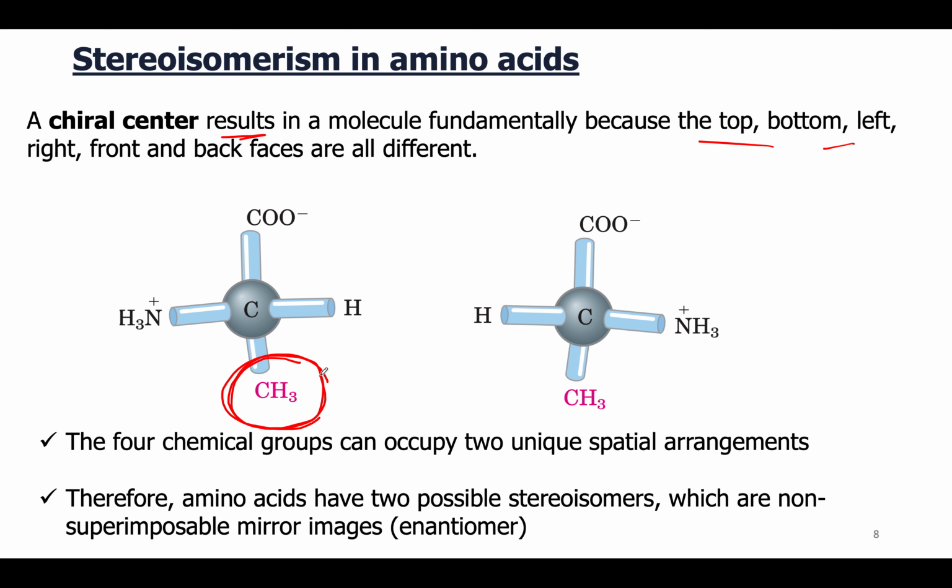As I told you, the details of stereoisomers and stereoisomerism will be dealt by Professor Bayumi in the section related to isomerism in the Foundational Concepts course. But what we need to know for amino acids is that all amino acids will have two possible stereoisomers which are non-superimposable mirror images.